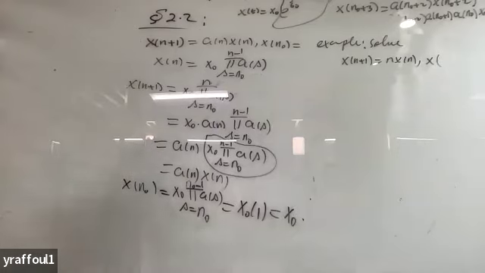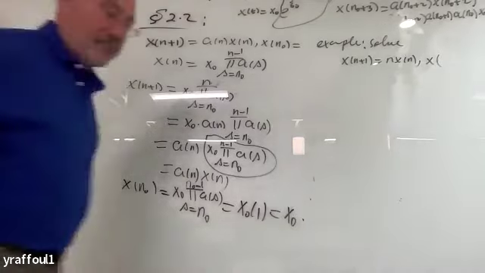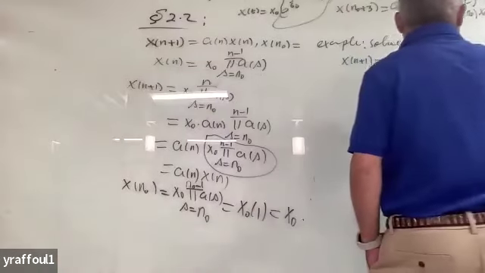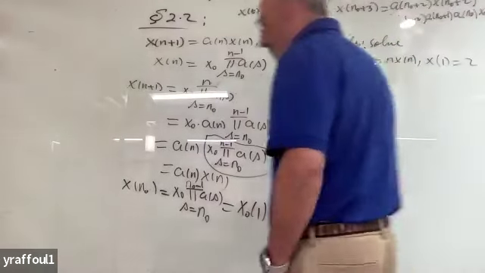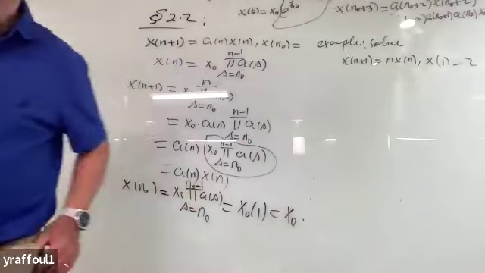There's a typo. Shoot. X of 1 equal to 2. All right.